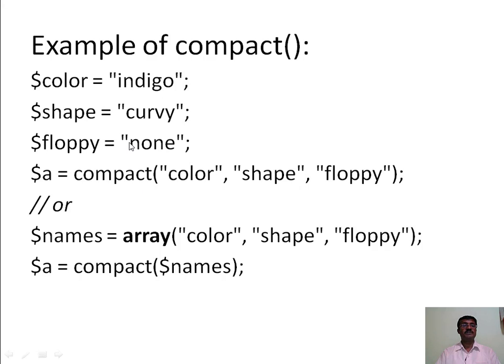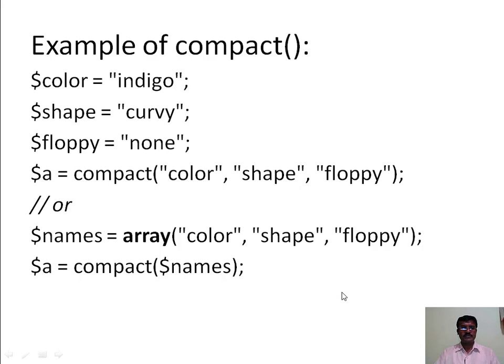I have supplied these individual variables to this compact function as parameters. So this compact function will convert all these individual variables into an associative array and assign it to a variable called A. Now this variable A is an associative array which has three key value pairs.